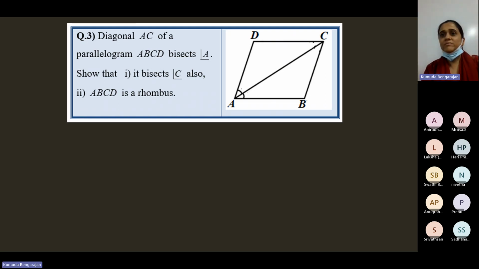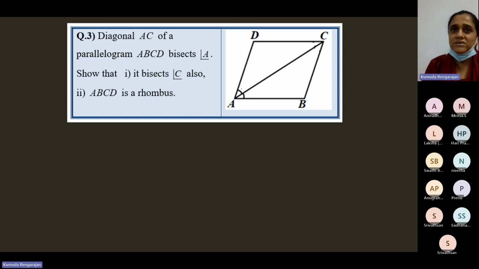In a parallelogram, diagonal AC does not bisect angle A or angle C. Similarly, diagonal BD does not bisect angle B or angle D. If even one of the diagonals of a parallelogram bisects the corner angles, then it's a rhombus, and you will see that the other diagonal also bisects the corner angles. Corner angles meaning if the diagonal is BD, then B and D are the corner angles. If the diagonal is AC, then A and C are the corner angles.